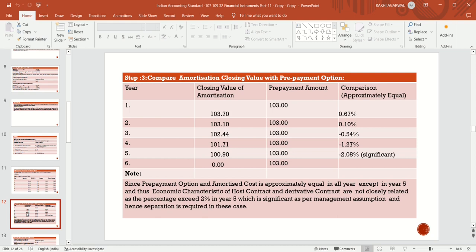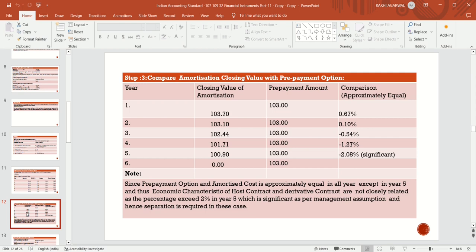It is mentioned in the question that every year 3% of the outstanding loan is to be paid as penalty. So 3 crore is the penalty amount which is to be paid every year along with the principal amount. So if the borrower avails the prepayment option in year 1, he has to pay 103 crore.